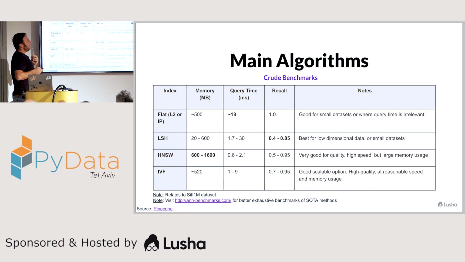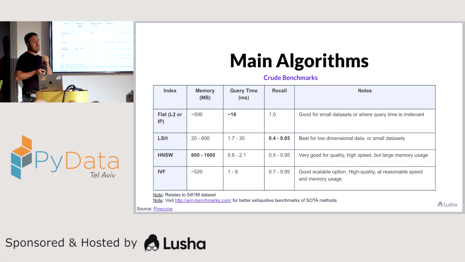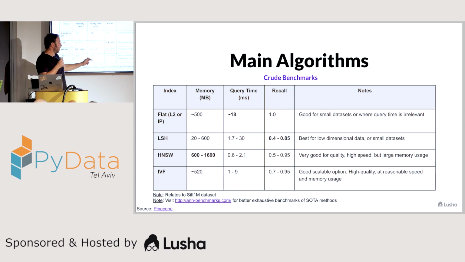In terms of comparison between the algorithms, there are trade-offs, right? So for instance, HNSW takes a lot of memory, which is a problem when we're dealing with large data sets. But it is quite fast. Also IVF is quite fast. This is like milliseconds per query. And of course, your mileage may vary between data sets and so on. If you compare it to an exhaustive search, and this is only for a 1 million point data set, we see a huge improvement in search time.